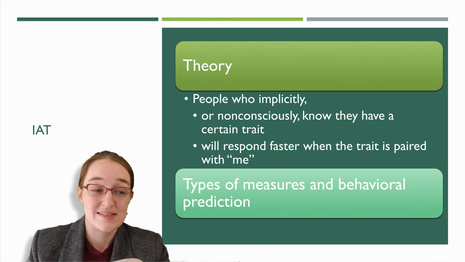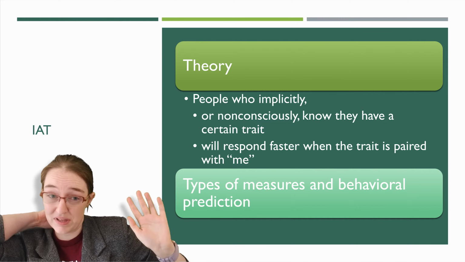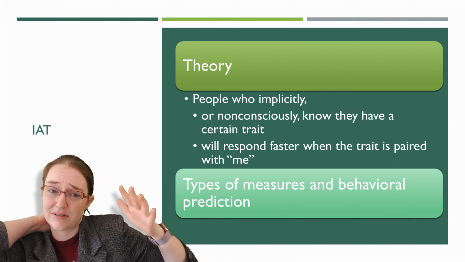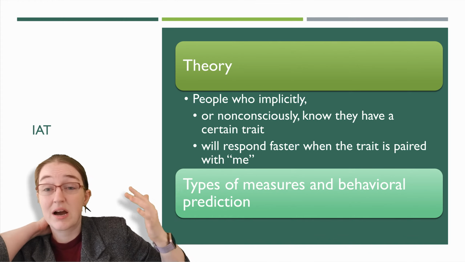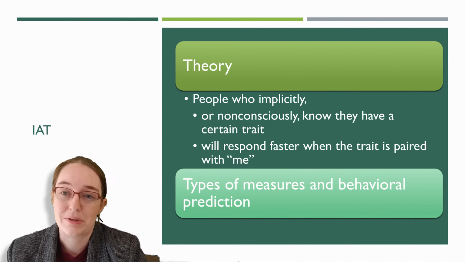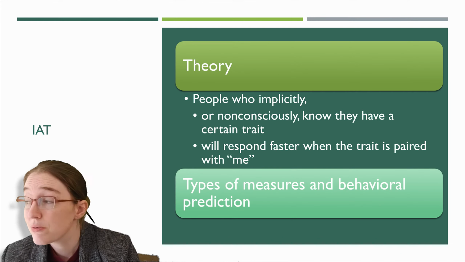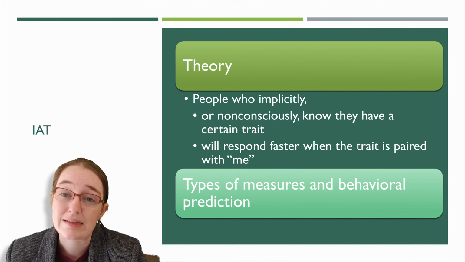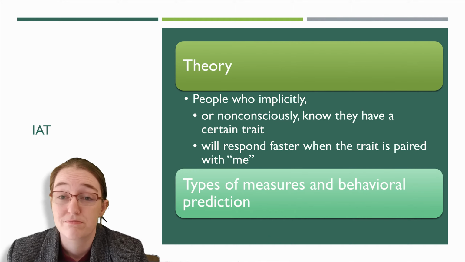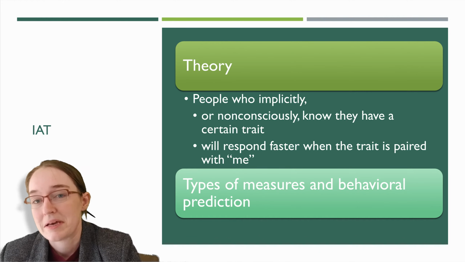Okay, but the idea is that these implicit measures, and the behaviors and implicit stuff they're measuring, come into play with snap judgments and reaction times. If you have stronger levels of implicit bias towards another group, you are more likely to have your spontaneous behaviors negatively affect that group.